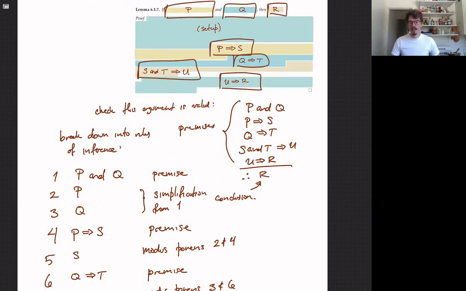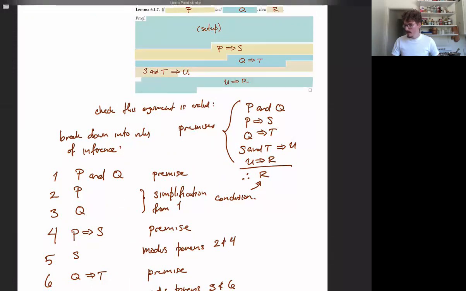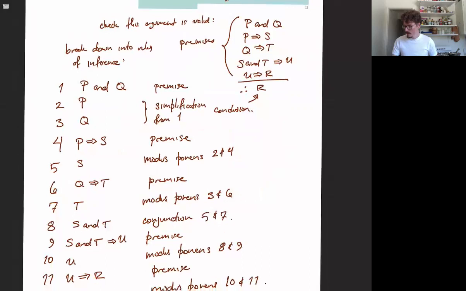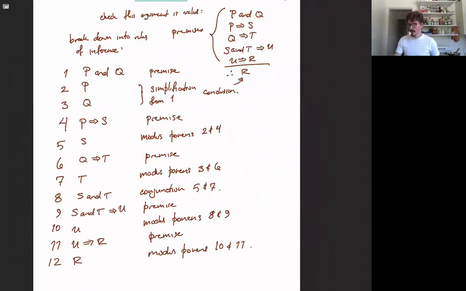And we want to check that this is a valid argument in the sense that these premises do indeed imply the conclusion. And the way we do that is by taking the premises and combining them with rules of inference to conclude at the very end what we wanted to conclude. So the fact that you can break this down into rules of inference means that the argument is valid.